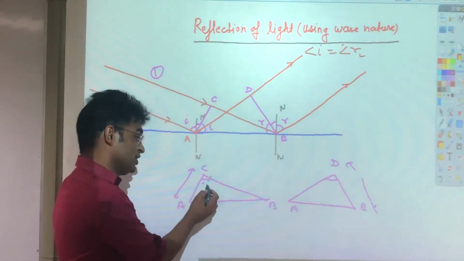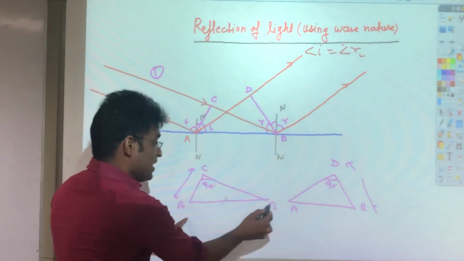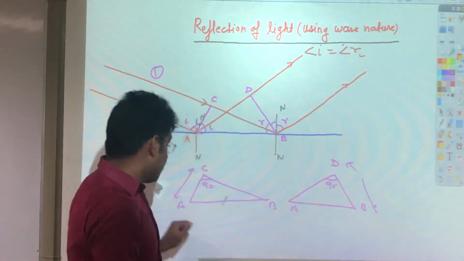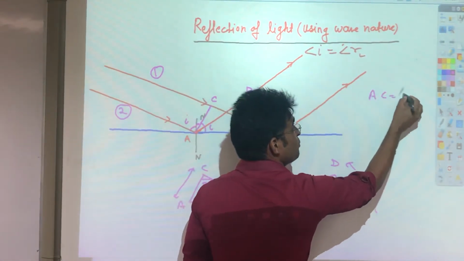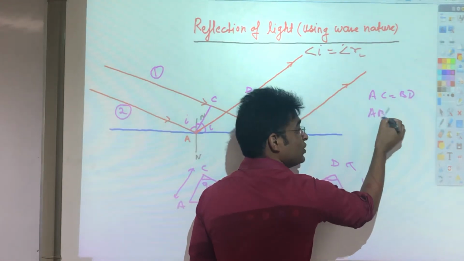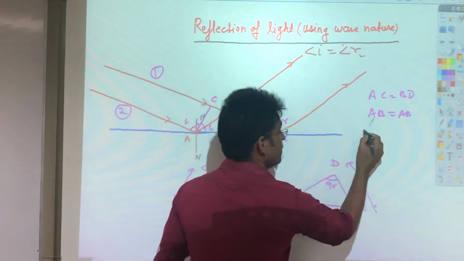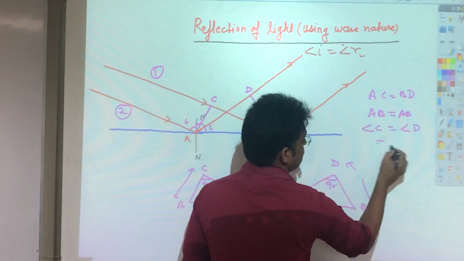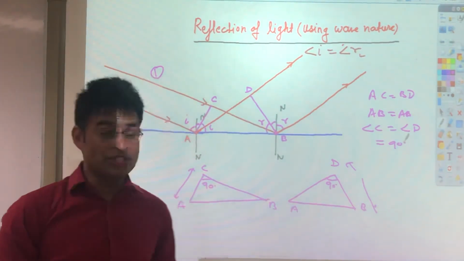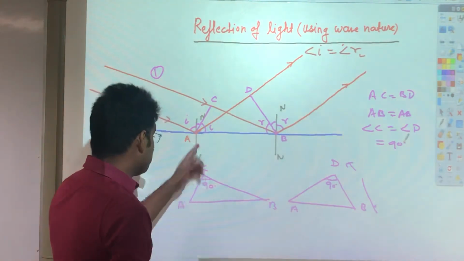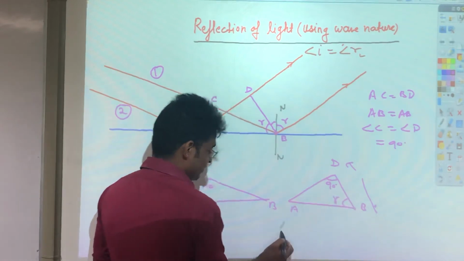So AC is equal to BD first, then AB is equal to AB second, and angle C is equal to angle D, which is 90. If in two triangles one angle and two sides are equal, we can say they are similar triangles. So both are similar triangles, and we know this angle is I and this angle is R. So obviously I should be equal to R.